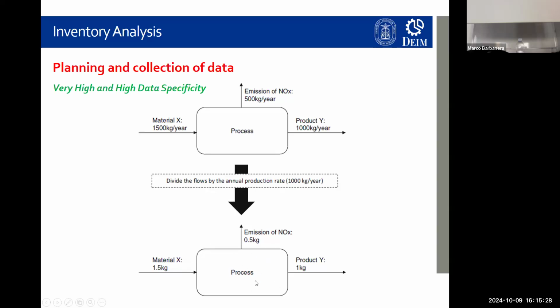So the final data for our unit process will be in the second figure: 0.5 kilograms of nitrogen oxides emissions per 1 kilogram of output product, and 1.5 kilograms of material X per 1 kilogram of output product. So this is a typical operation necessary to report each input and output data to the final functional unit.